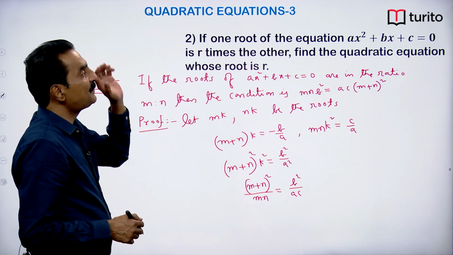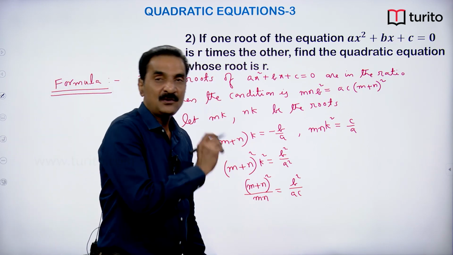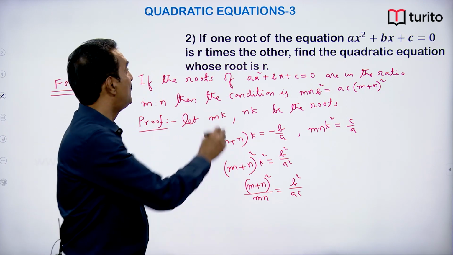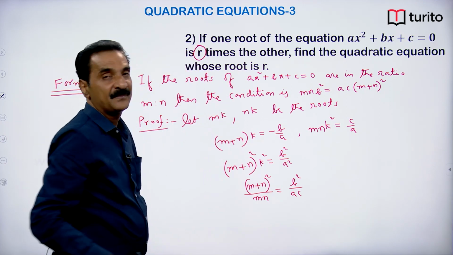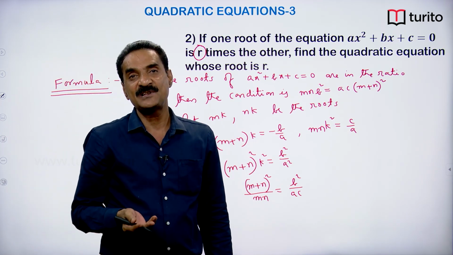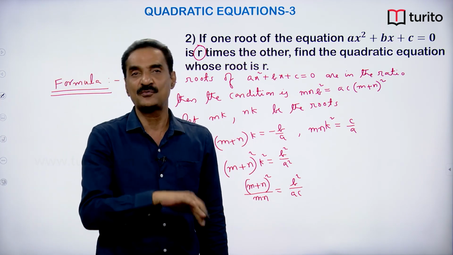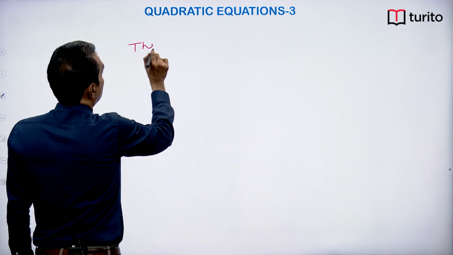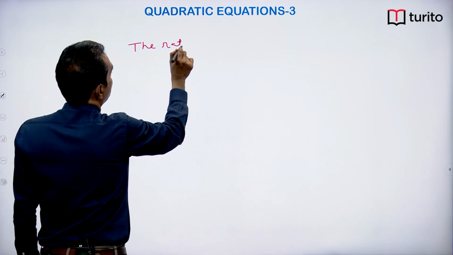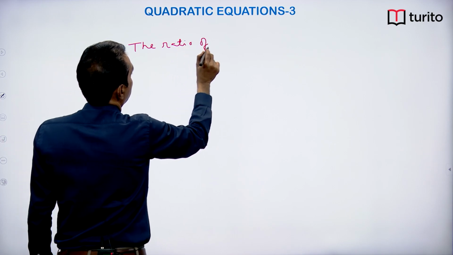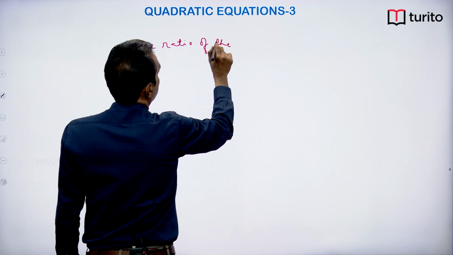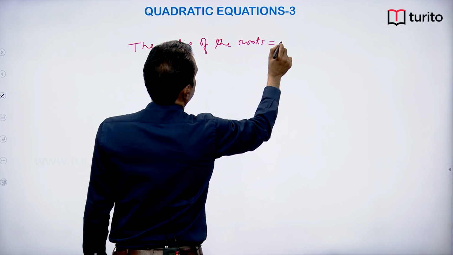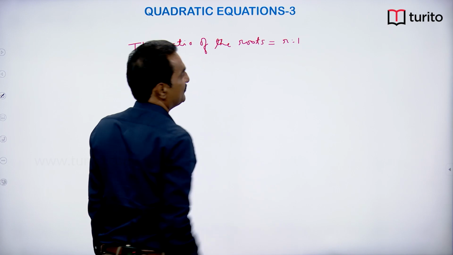Now, coming to the present question, one root is r times the other. Then the ratio of the roots is what? 1 is to r or r is to 1. The ratio of roots is r is to 1.